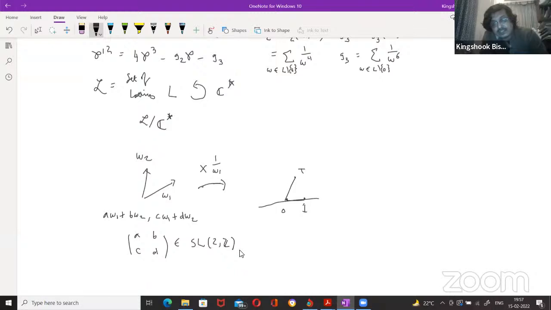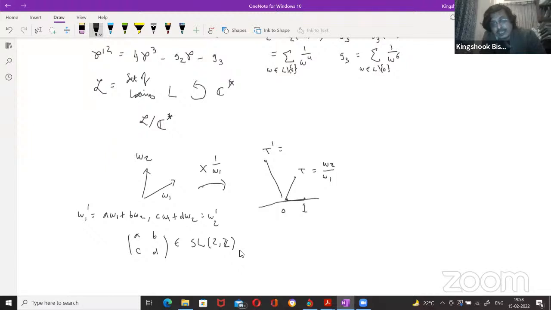So this tau is equal to omega 2 over omega 1. If I change my basis of the lattice, I get a tau prime. So this is my new basis of the lattice, omega 1 prime and omega 2 prime.